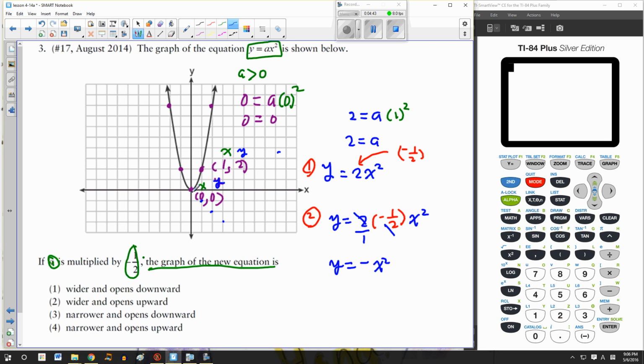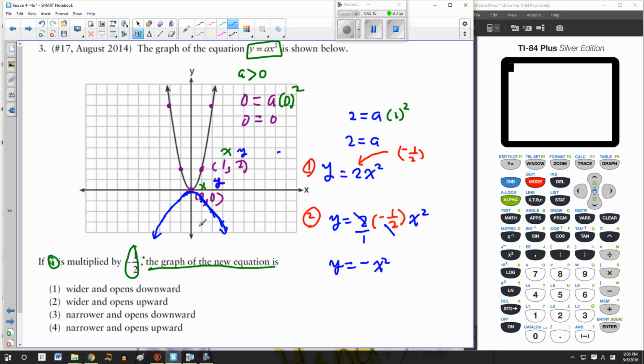So this graph will be something like this, smooth, but I cannot graph it that way. Okay, now we're going to check that. You can tell this is wider since it's increasing slower, and then downward.